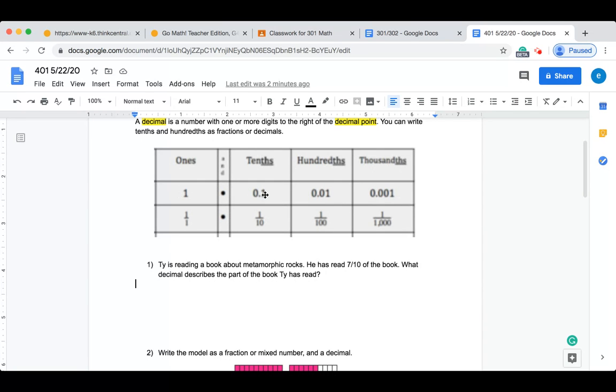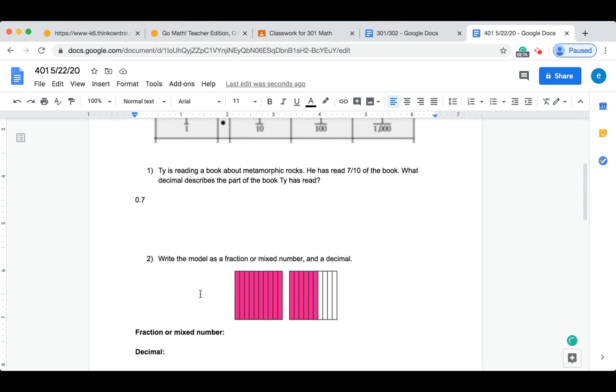So if we are writing 7/10, since we know our tenths is the place value directly to the right of our decimal point, I would write the part of the book that Ty has read as 0, decimal point, 7. So it would be 0.7, and that's how you would write it as a decimal.